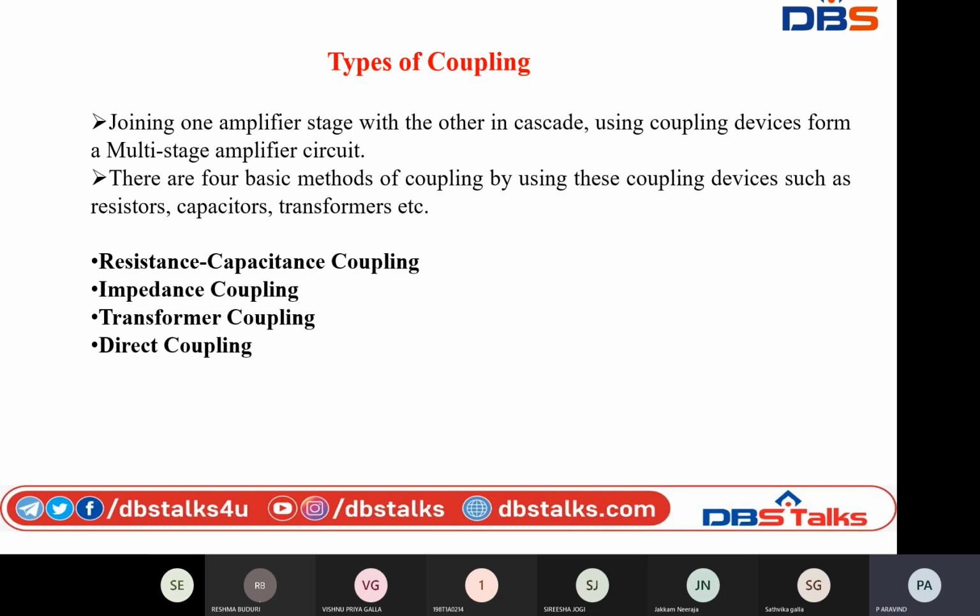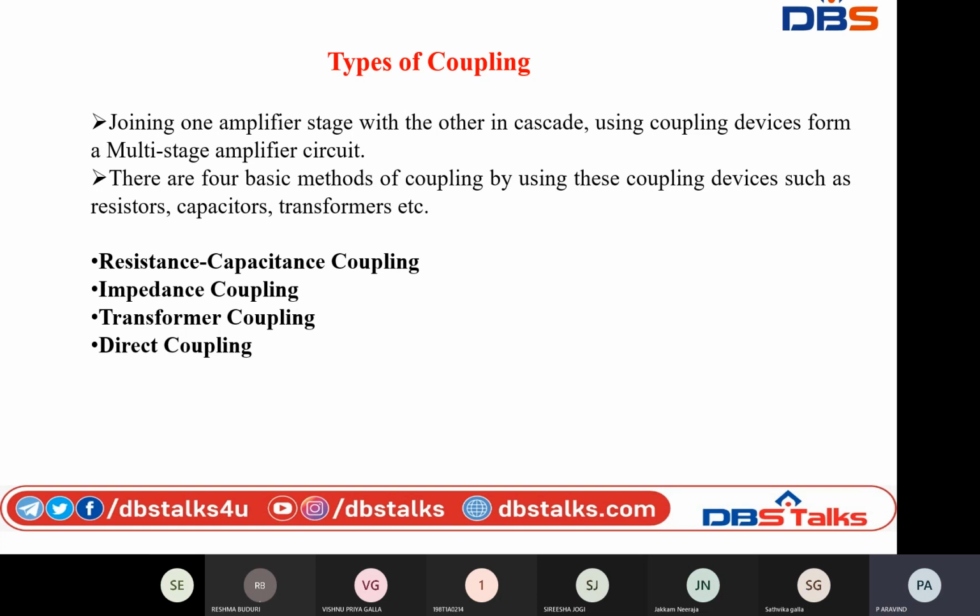And the second one is impedance coupling. In this coupling network, mainly inductance and capacitance are used as the coupling elements. So that's why it is called an impedance coupling network.